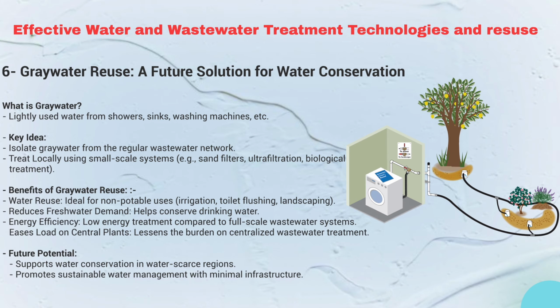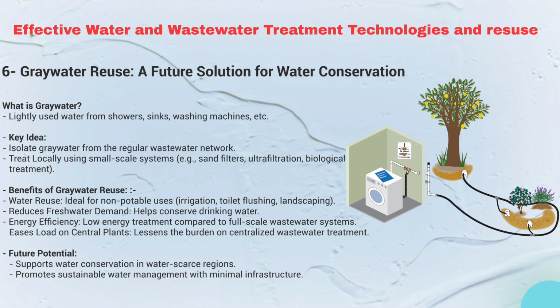An often overlooked solution is the reuse of grey water. By separating grey water from the main wastewater network and treating it on a small scale, we can create a promising avenue for future water reuse. Grey water from showers, sinks, and washing machines can be efficiently treated using technologies like sand filters, ultrafiltration, or simple biological systems.